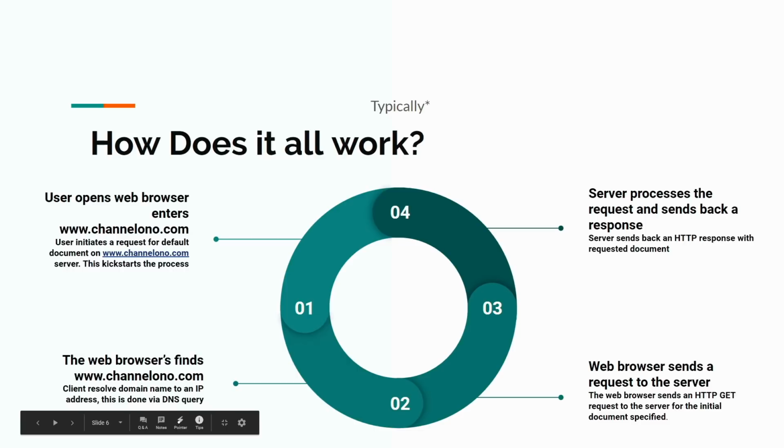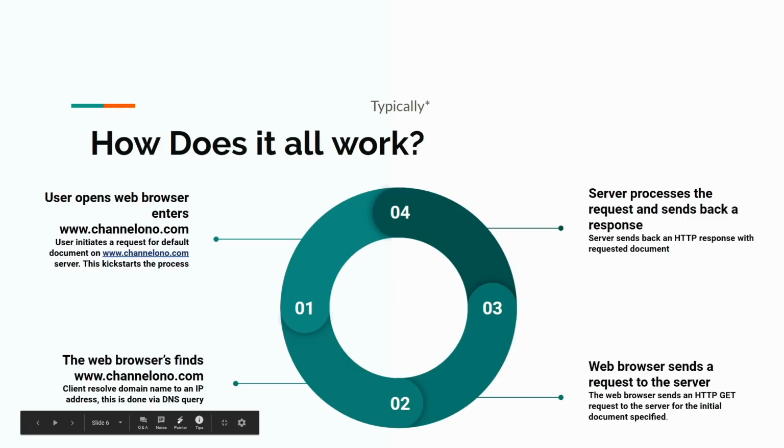And then the web browser asks your computer or your domain DNS server, right? Domain name server or domain name service. It asks, okay, who is channel o and o.com? And basically, what it gets back is an IP address. And that IP address is then sent a request.